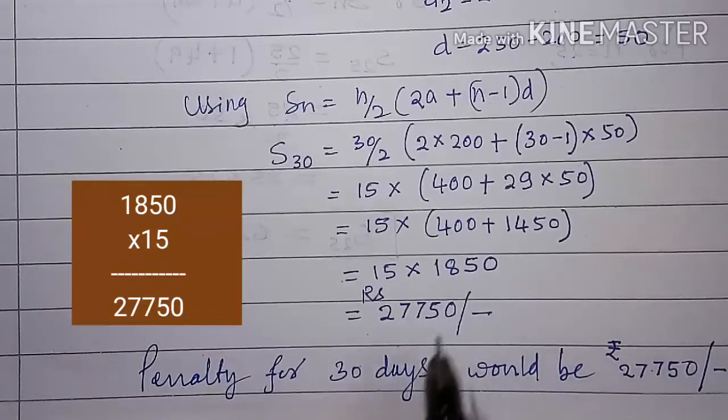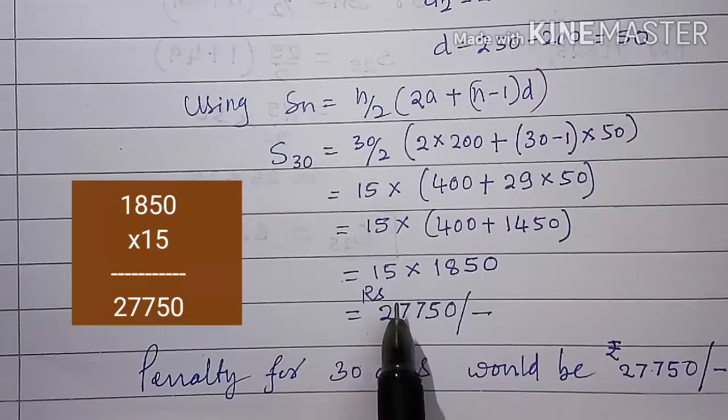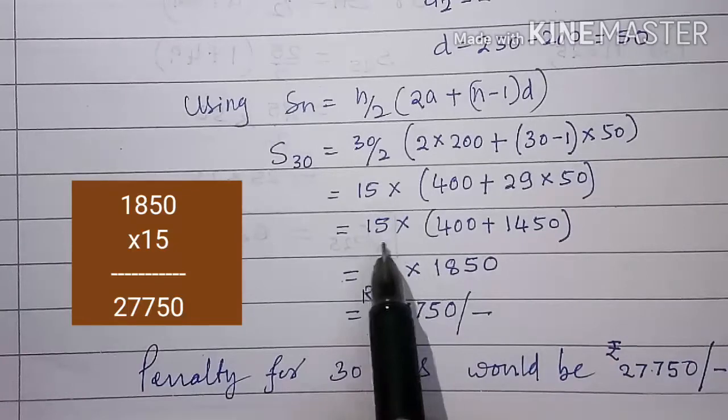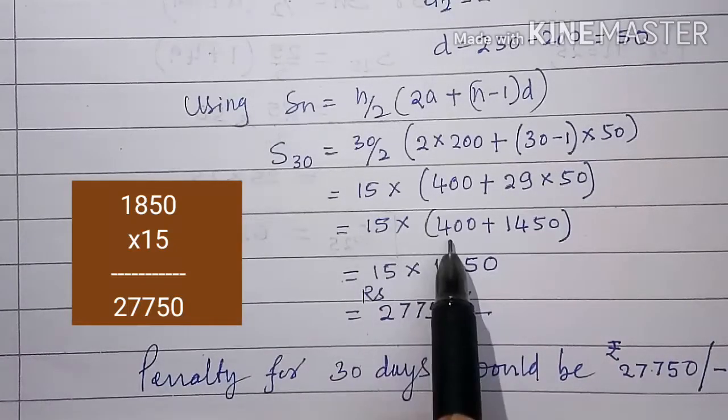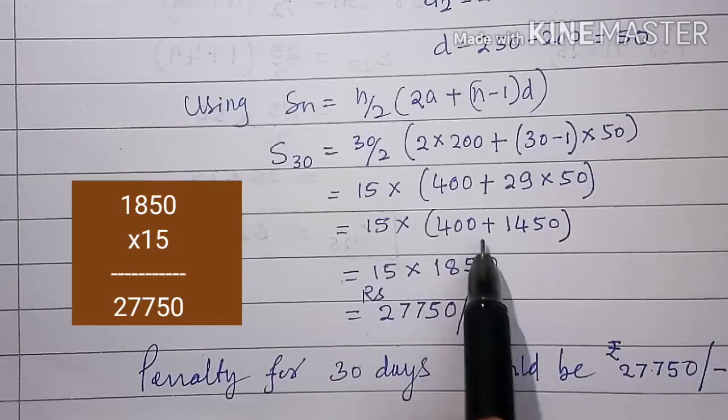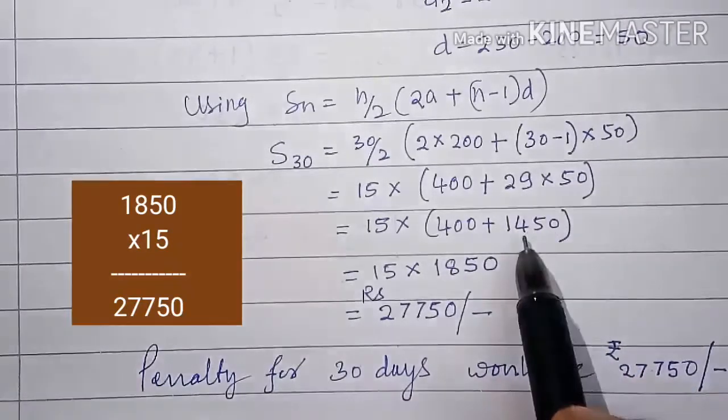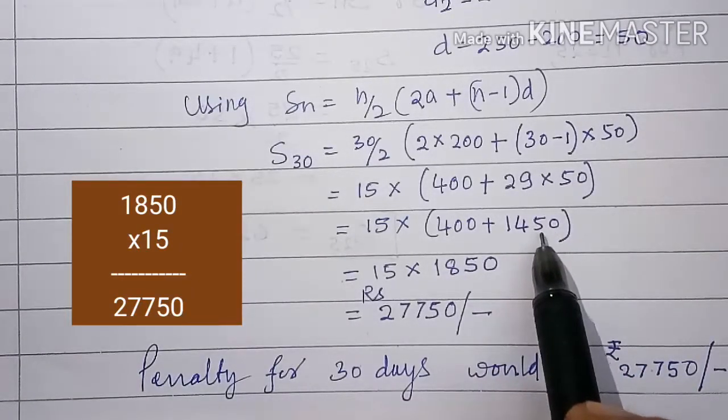After the break, I forgot to press the record button. So I will just explain the remaining part of the solution here. 15 into 400 plus 29 into 50 is 1450.